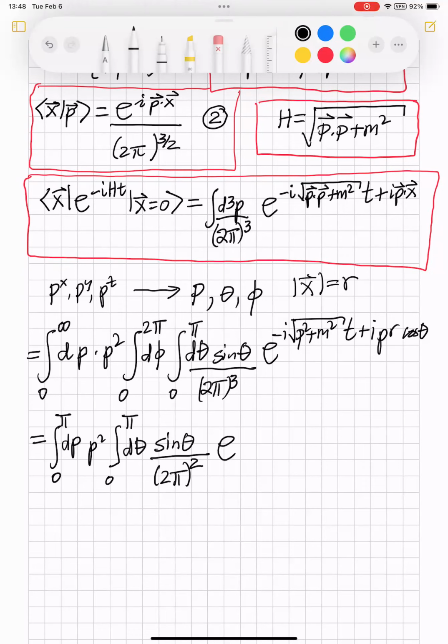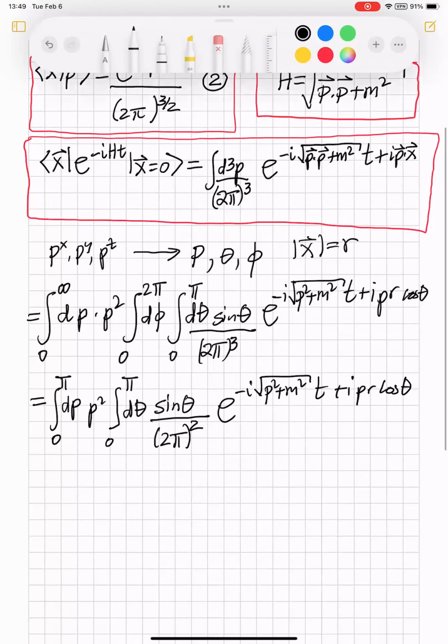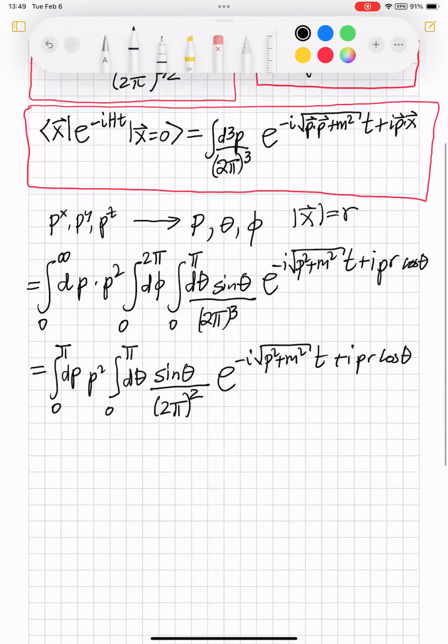And then we have e to the minus i square root of p squared plus m squared t plus i p r cosine of theta. Now how do we do the theta integral? Something worth noting is d cos theta is minus sine theta d theta.